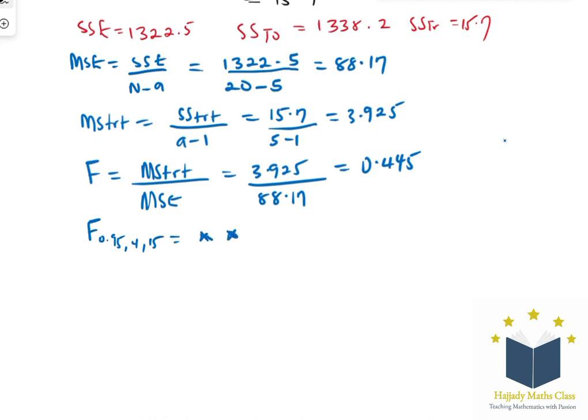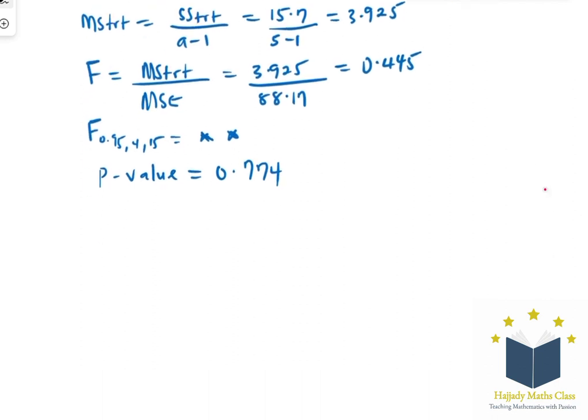But here I'm going to use the p-value. I use my calculator to get my p-value, which happens to be 0.774. So lastly, for my comments, I'm just going to compare, using the p-value to make a conclusion.